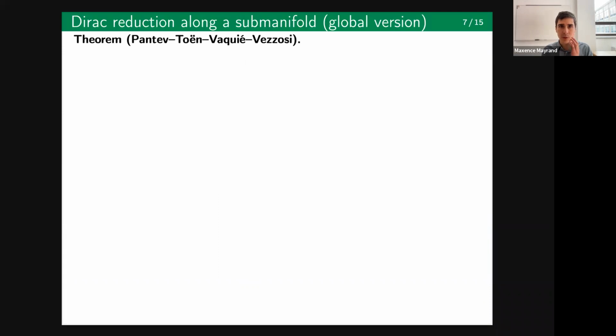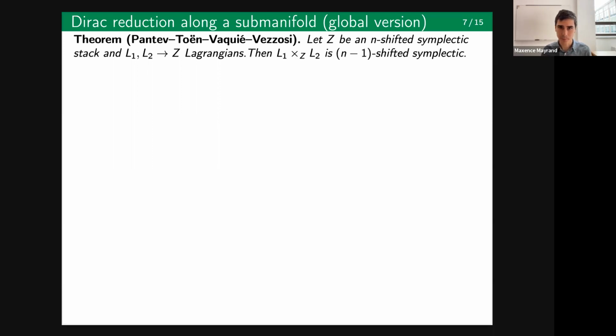And one way to introduce it is using shifted symplectic geometry. So in shifted symplectic geometry, one of the main constructions is if you have an n-shifted symplectic stack and two Lagrangians, so that's morphisms of stacks with additional structures, generalizing the notion of Lagrangian manifold in ordinary symplectic geometry.